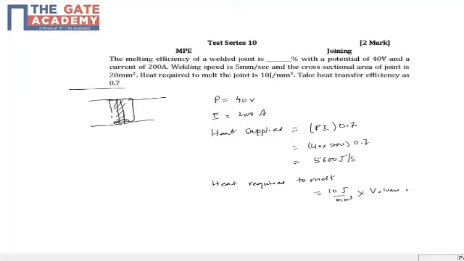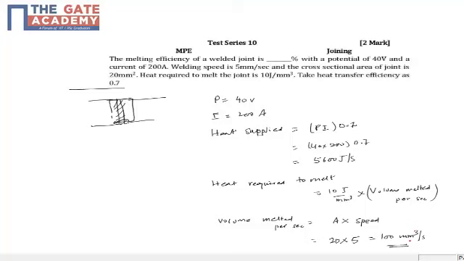Volume melted per second is area of cross section times the speed of the weld, assuming it melts a uniform cross section. So area of cross section is 20 times 5, so this is 100 mm cube per second.